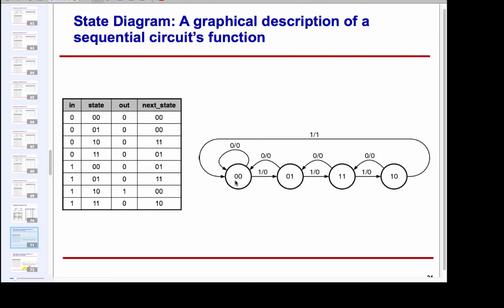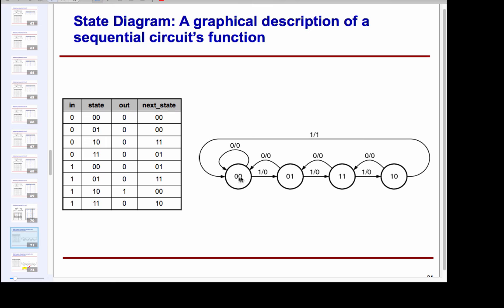So let's say I was in the state 0,0. My current state was 0,0. And let's say the input was 0. So I'm in state 0,0, input is 0. Clock tick comes. What is the next state I will go to? I'll go to state 0,0. So I show that by this self arrow.